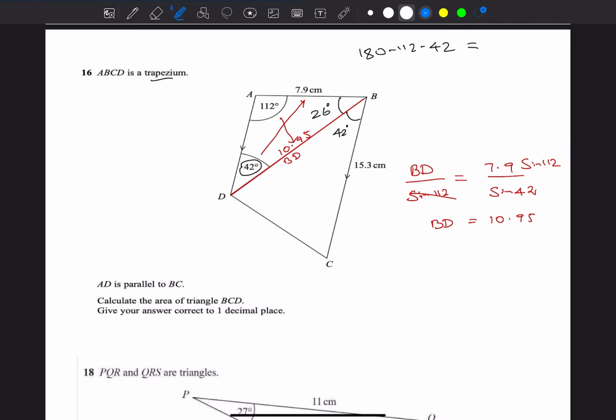And remember, if you want the area of the triangle, if this is your angle, then these two must be the sides to use, isn't it? So it's just a half.